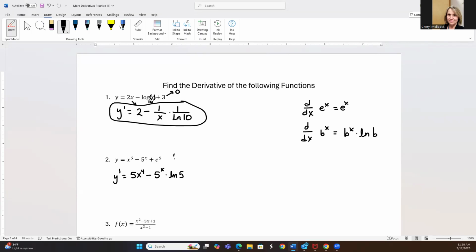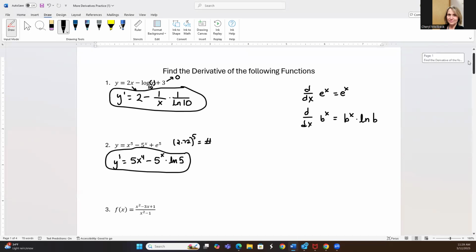Now, e to the 5th, e is really the number 2.72. So when we take it to the 5th power, it's just going to be a number. And like any other number, like 3 above, the derivative of any number is just 0. So with problem number 2, our derivative answer only has the 2 terms, 5x to the 4th minus 5 to the x times natural log of 5.